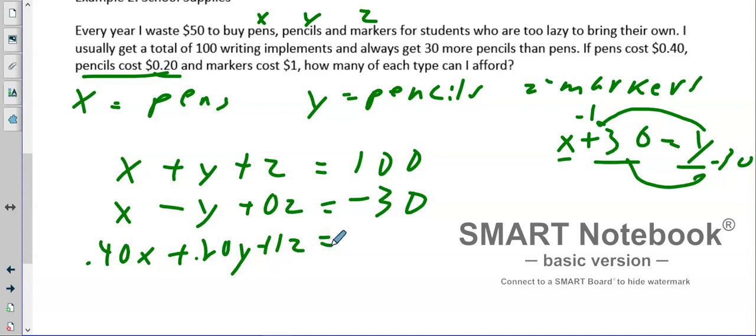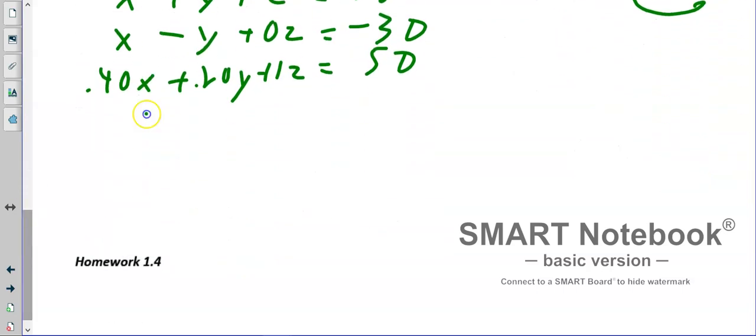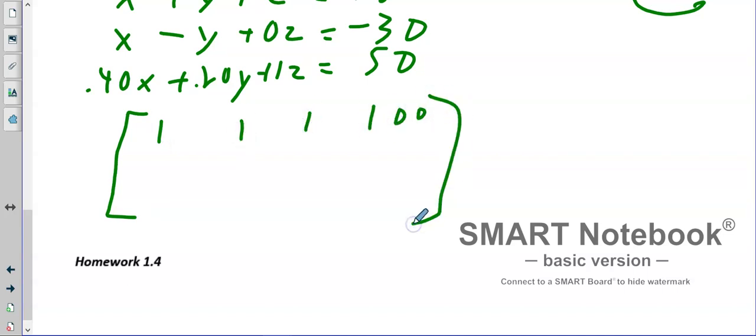And I'm spending $50. Okay, so what's my augmented matrix? It's 1, 1, 1, 100. It's 1, -1, 0, -30. 0.4, 0.2, 1, 50.